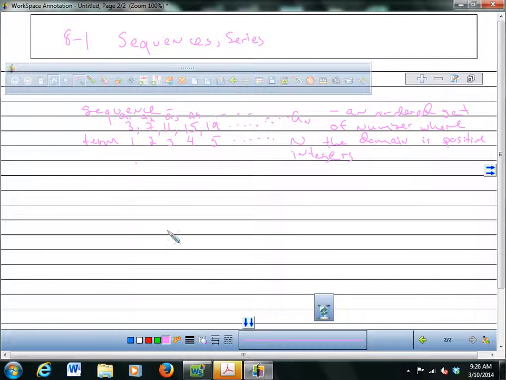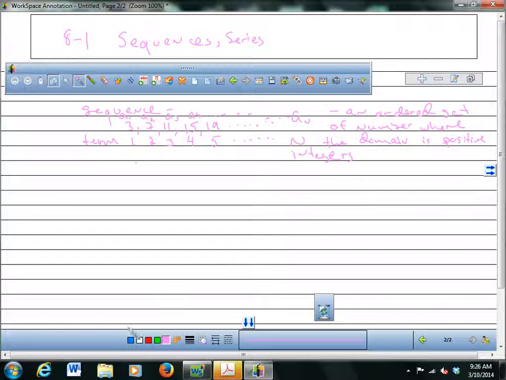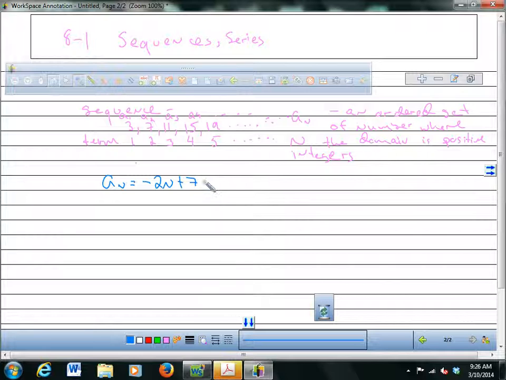So if you see a sequence like a sub n is equal to negative 2n plus 7, and they say write the first 4 terms.